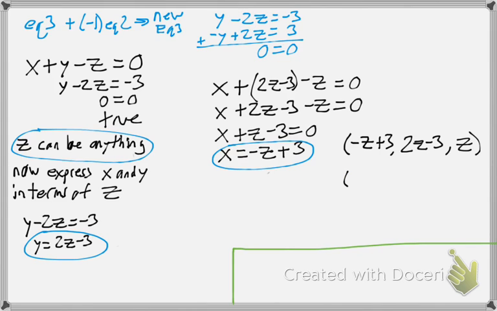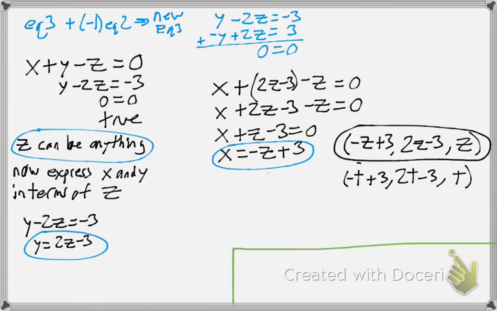Other ones will want it to be in terms of t, so that'll be negative t plus 3, 2t minus 3, and t. So it just depends on how they phrase the question in WebAssign, whether or not you can use z, or if they want you to use t. But the answers are essentially the same.